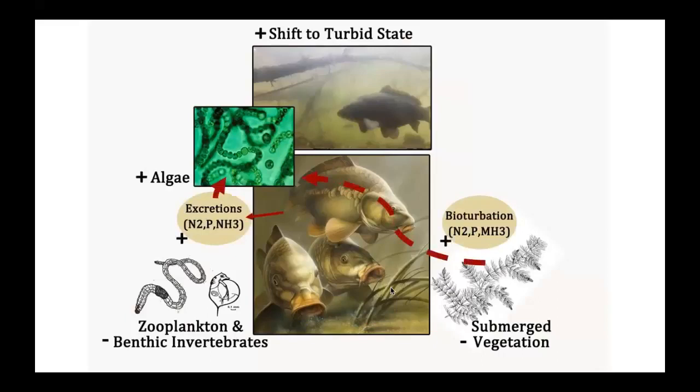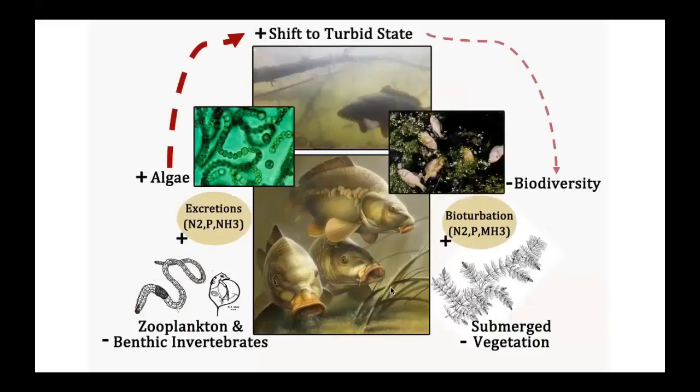Those things can feed into this same pathway of causing algae to be the most dominant in the system, and that can shift to a turbid state. That's when you start seeing some of these environmental issues, like a decline in water quality, which is bad for native species, bad for carp too, but they can tolerate it, and their populations can continue to grow.